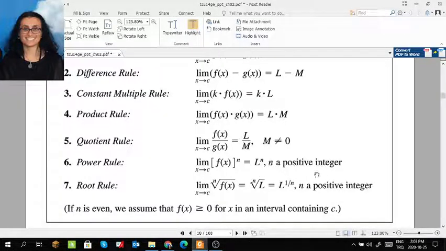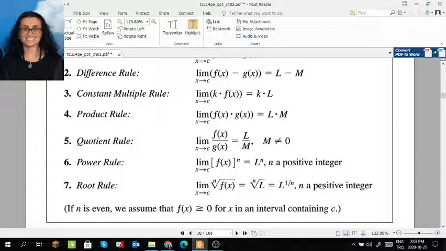Of course, we assume here n is a positive integer. And then we have the root rule. If you have the nth root of a function, and you're taking the limit of that, you can move this limit inside the root function. So the answer is going to be the nth root of L. So this is a really nice property. You can move this limit in and out. Like in here, you can move this limit in and out of this power. Okay?